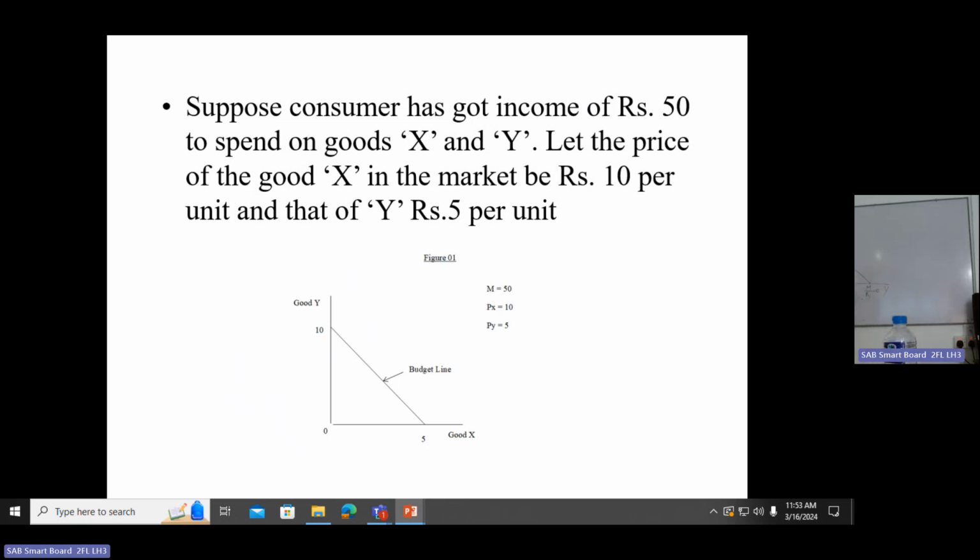So what is the slope of this curve? This is the delta y divided by delta x, that is the price ratio.